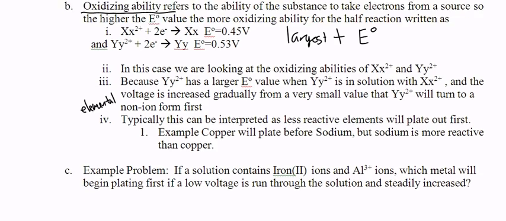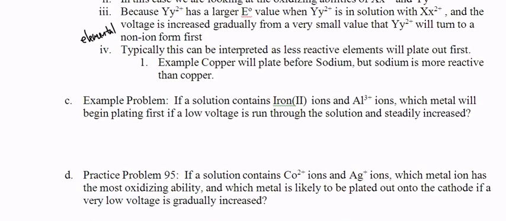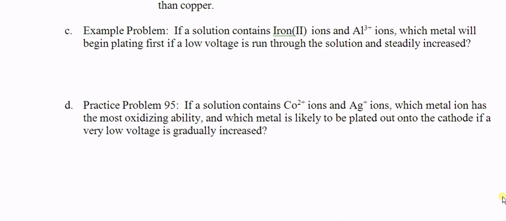So let's take a look at a couple of example problems. We've got our iron 2 versus aluminum example to look at. When it comes to iron 2 plus, the standard cell potential associated with iron 2 plus going to a solid is negative 0.44 volts, and with aluminum 3 plus going to a solid, the cell potential is negative 1.66 volts.